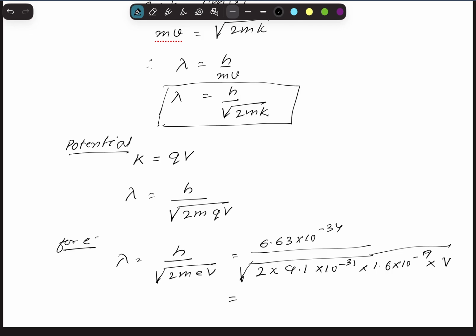If I solve it, I get a value 12.3 by root V in terms of Angstrom. This value should also be remembered, because there might be a direct question where they give you a potential and ask you to find the De-Broglie wavelength for an electron. Am I clear?